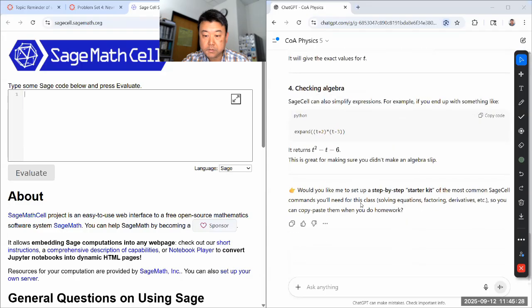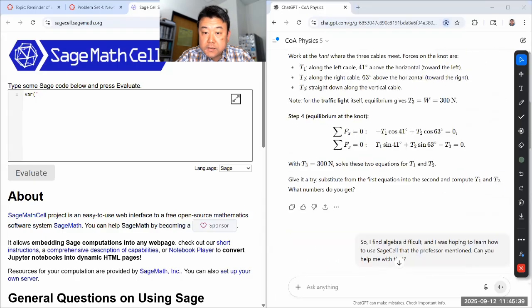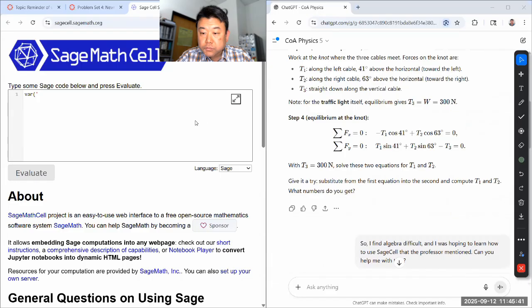Values. So let's say you are reading this and you are trying to adapt it to here. So you are writing var is equal to, let's see, T1 and T2, T2 and T3, I guess.